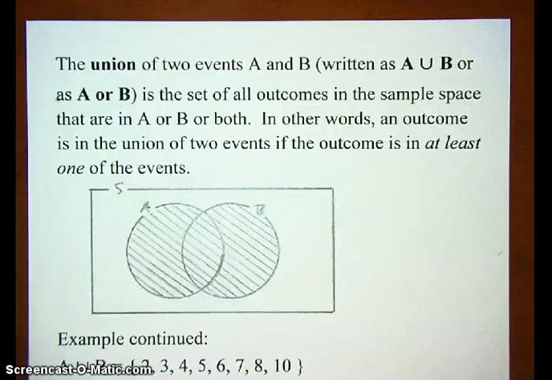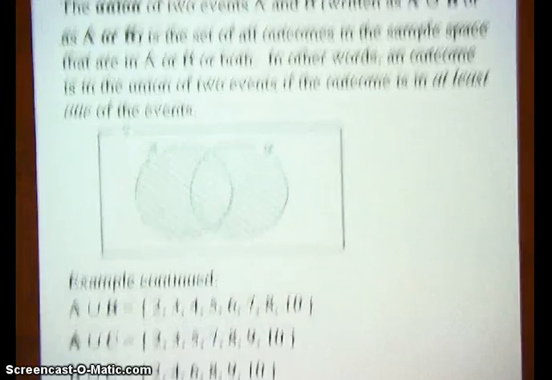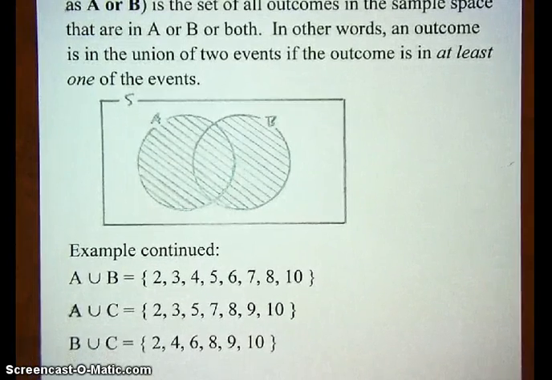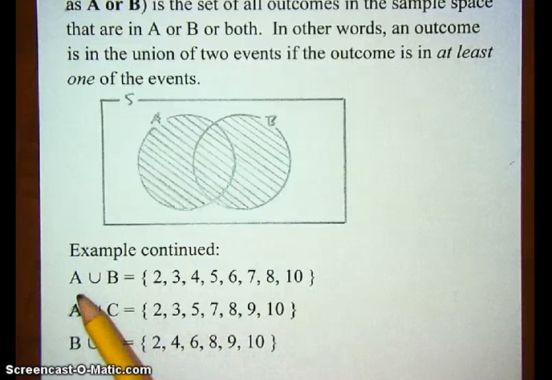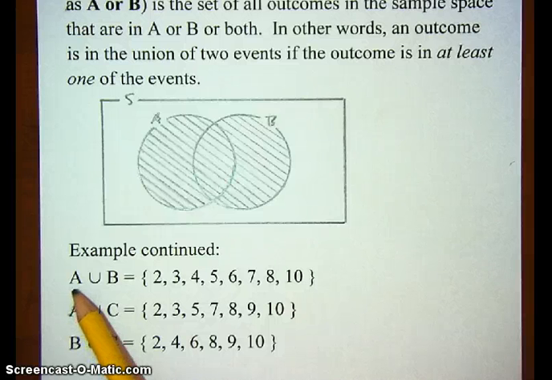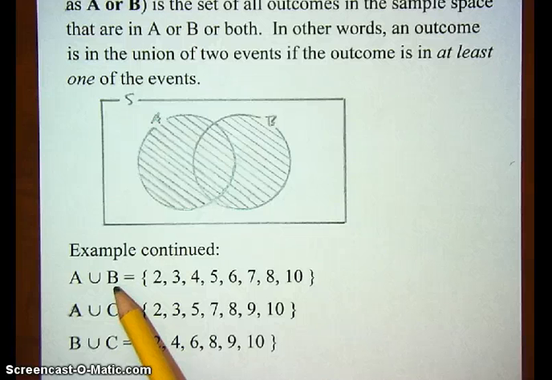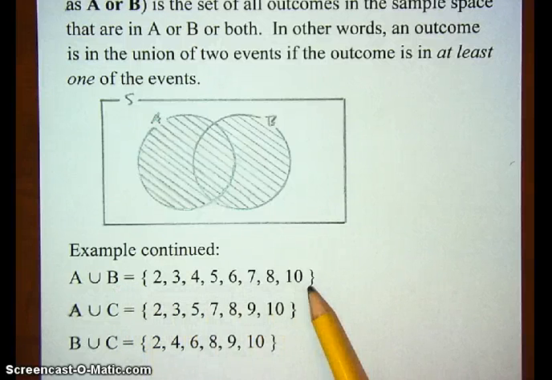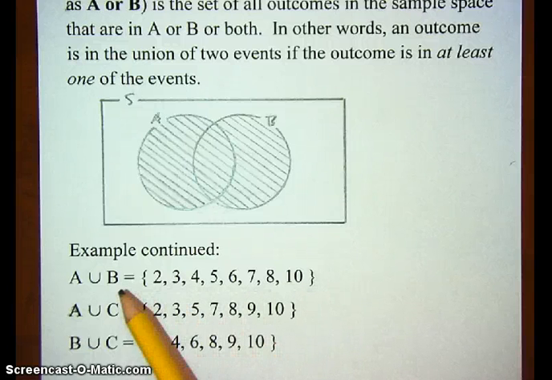Now looking at this in terms of specific outcomes, we have A union B. This contains the prime numbers, 2, 3, 5, and 7, and it contains the even numbers, 2, 4, 6, 8, 10. So this is the set that represents that particular event.